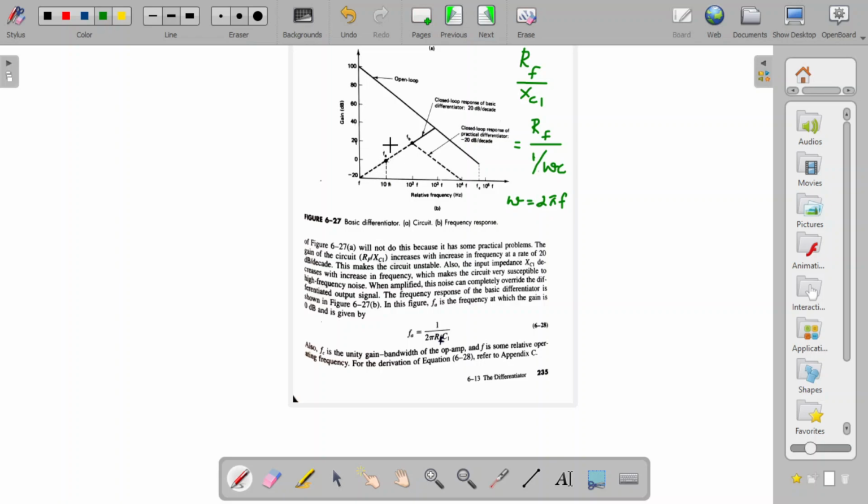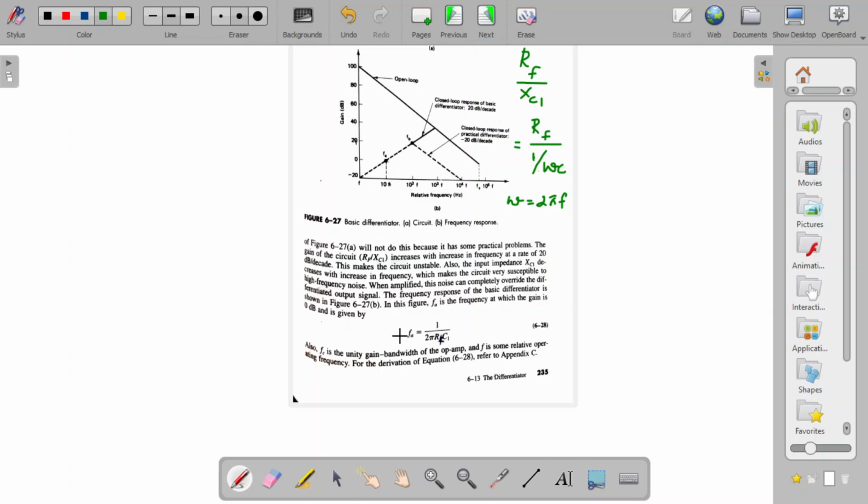But this frequency FA, which is on the increasing side of the frequency response, is actually the frequency at which the gain becomes 0 decibel. Okay, so below that the gain is actually negative. That frequency at which the gain becomes 0 decibel is called FA here, and this FA depends on the older components.